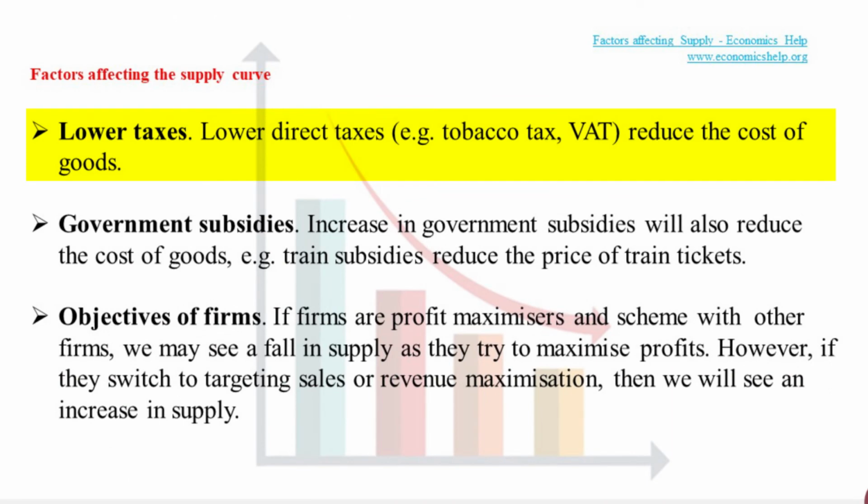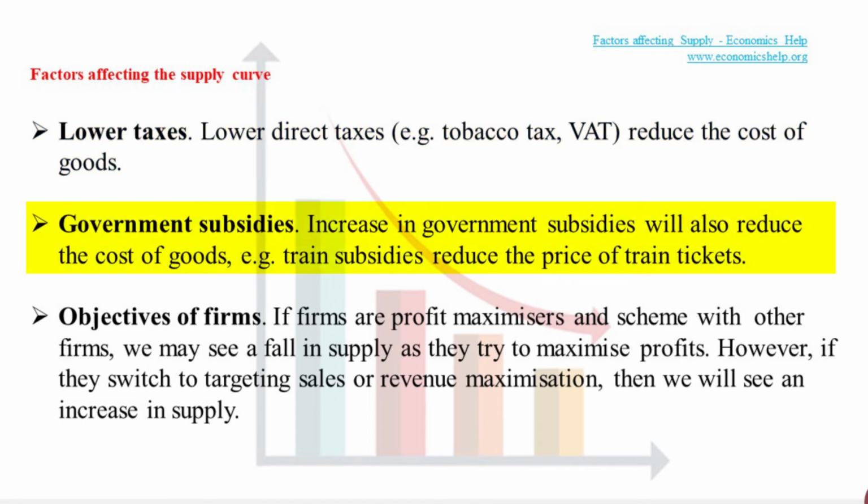Lower taxes. Lower direct taxes such as tobacco tax or VAT reduce the cost of goods. Government subsidies. An increase in government subsidies will also reduce the cost of goods. For example, train subsidies reduce the price of train tickets.